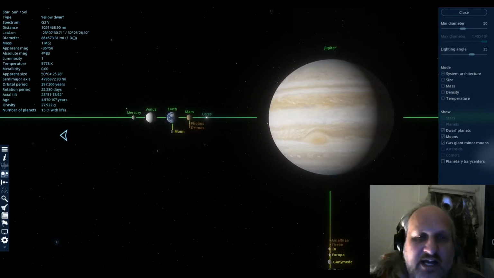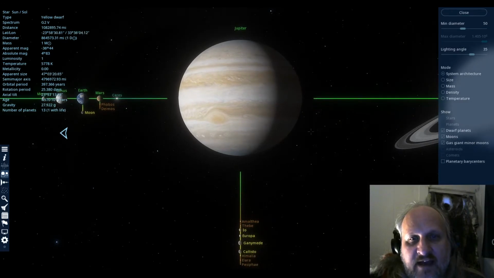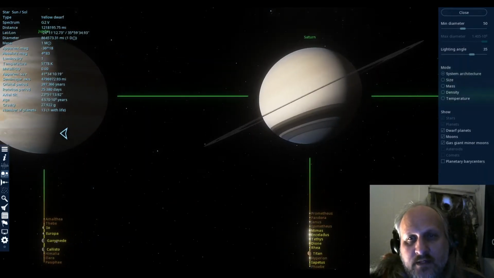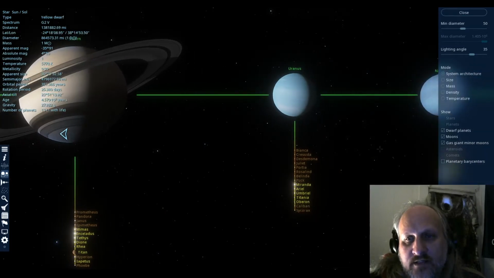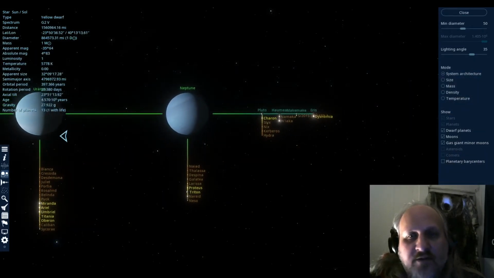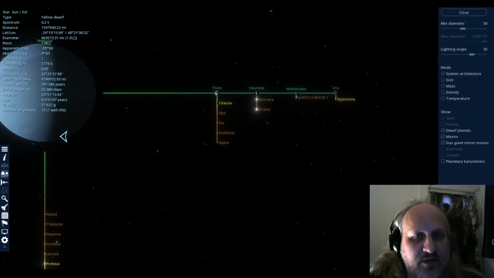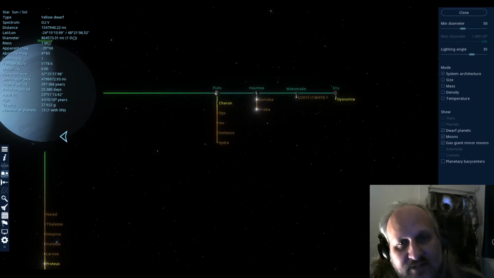And some of these aren't actually considered planets. But we have Mercury, Venus, Earth, Mars. Then we have Jupiter, Saturn, Uranus, Neptune. Those are all the things considered planets. See, I would still consider Pluto a planet because it always was a planet when I was a kid.